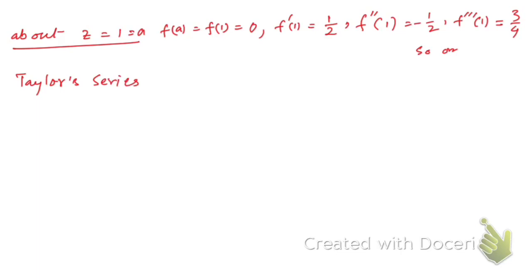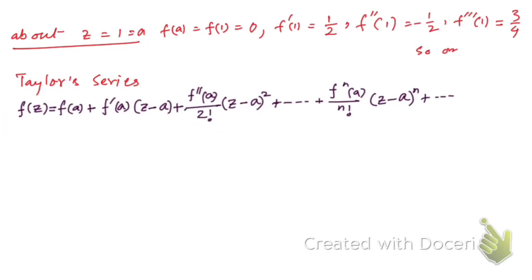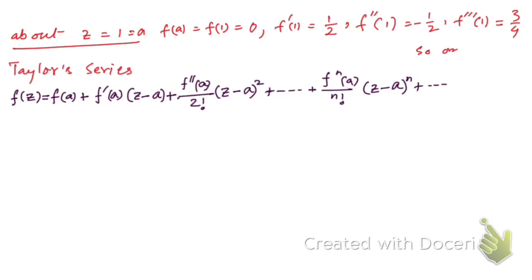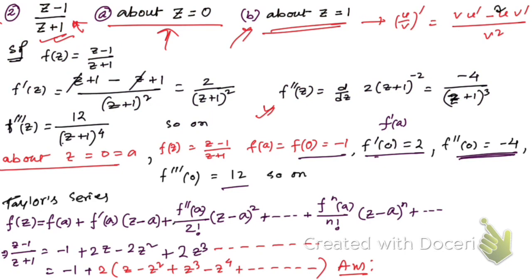This is the Taylor series, right? Here we can replace f of a by f of 1, because we are to find the series about 1, and f of z. What was f of z? In this case we have the given function z minus 1 by z plus 1. You can check if you have written. Let me go back to the previous slide. Here, this is f of z, the given function, right?